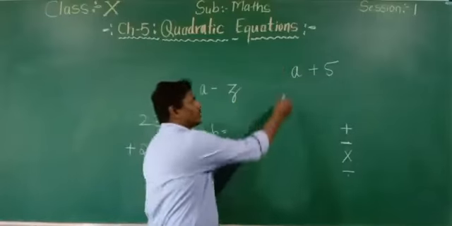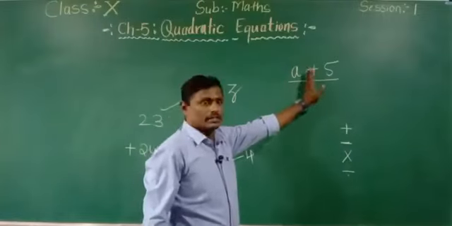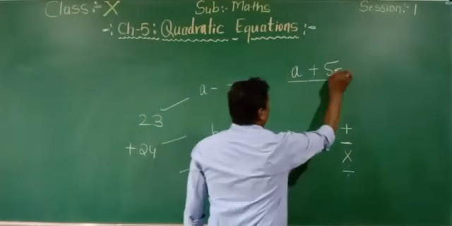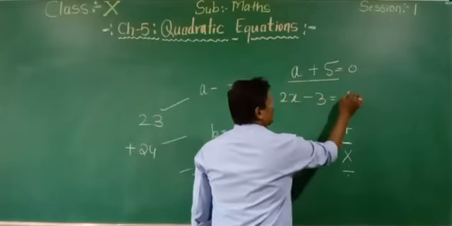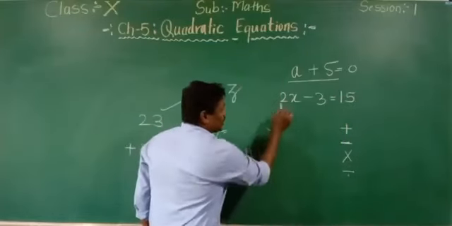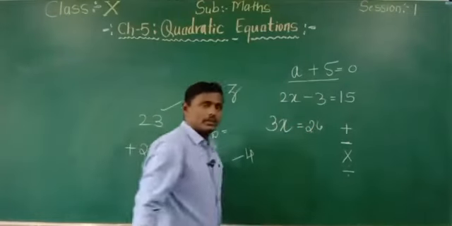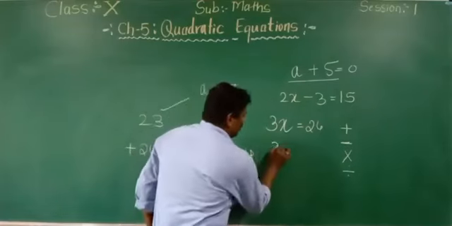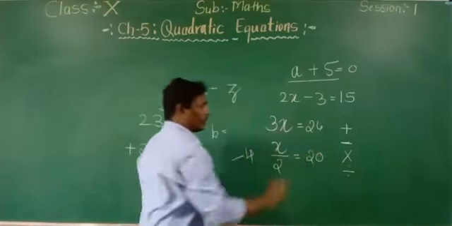Okay, for example, the first equation is a plus 5 is equal to 0, 2x minus 3 is equal to 15, or 3 times x is equal to 24. X divided by 2 is equal to 20 here.